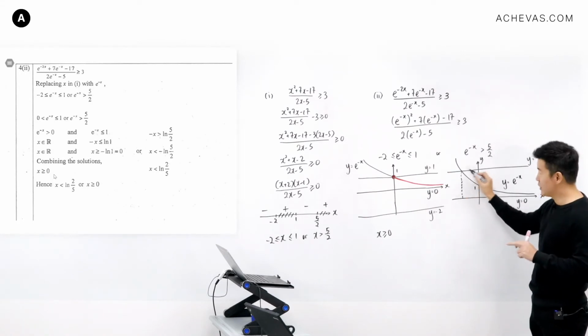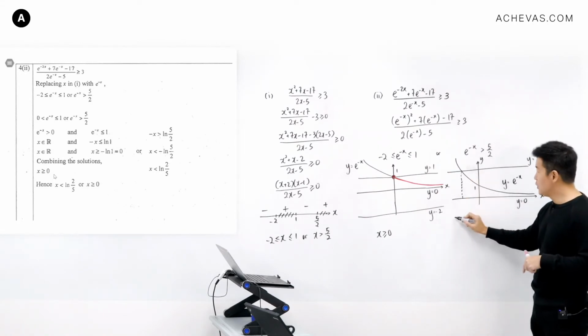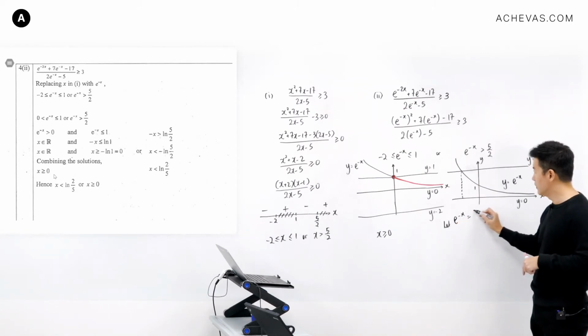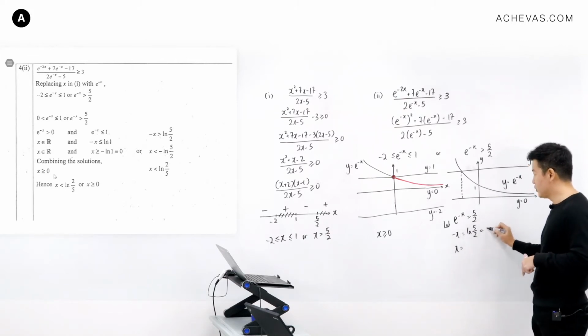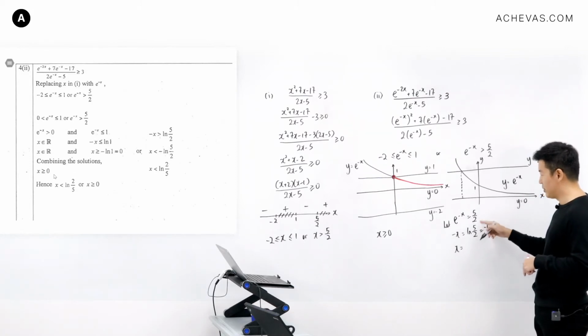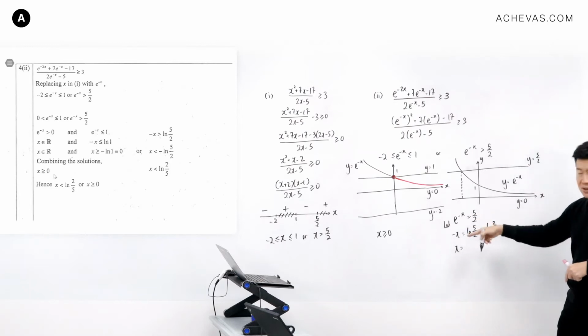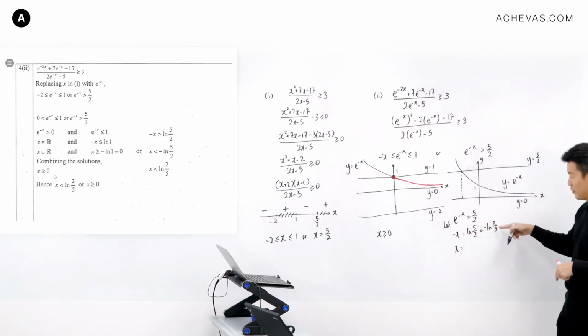Which means that I need this value for x. And I'm very safe because I'm looking at a specific value, which means that I can work on the equation. So minus x equals ln 5 over 2. x is, 5 over 2 is like minus ln 2 over 5, because I can bring the power down: it's like 2 over 5 to the power minus 1.